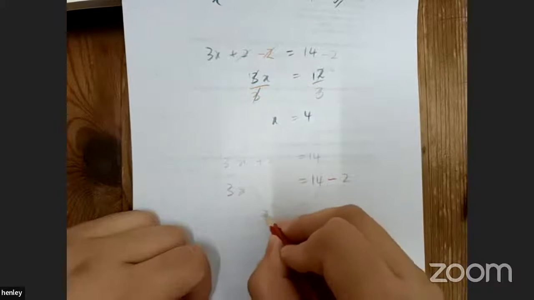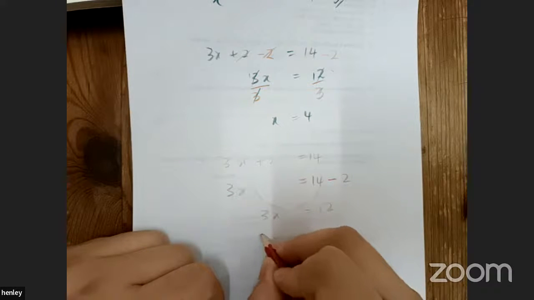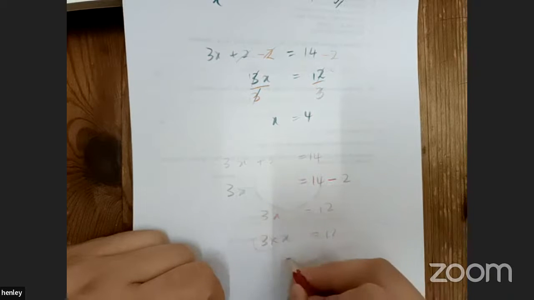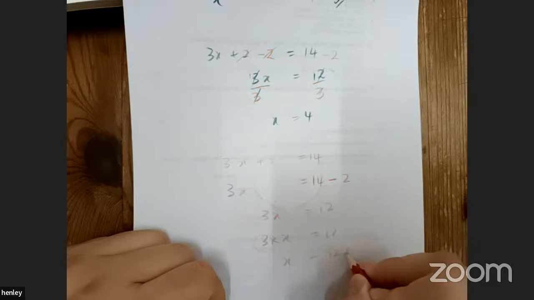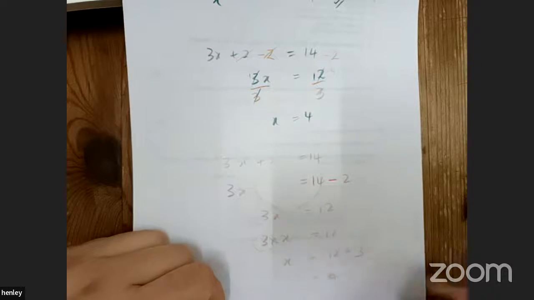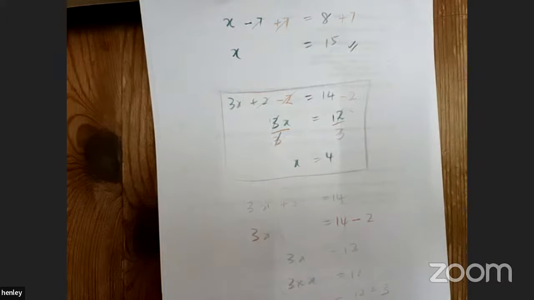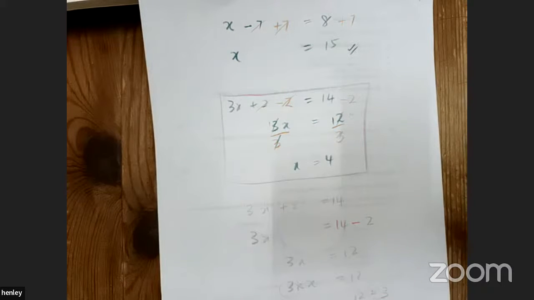So now it's 3x equal to 12. This is 3 times x equal to 12. The times 3 moves to the other side and becomes divide by 3, so it's 4. Both methods can be used, but I would prefer students to use the balance method, because it looks clearer.